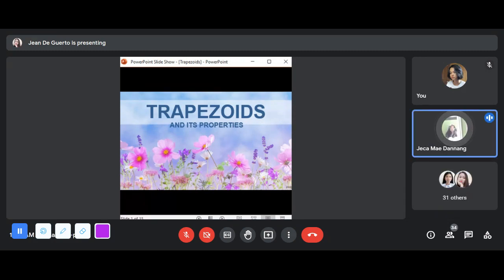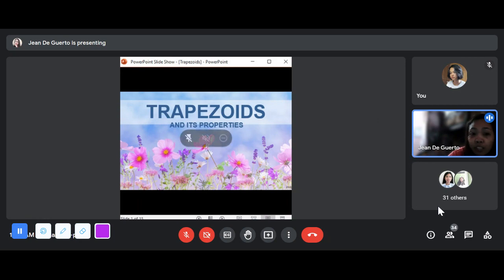Ma'am, ano Jeka. Ma'am, only one pair of parallel sides. Okay, so that's it. Trapezoid, it has only one pair of parallel sides. Yung 2 pairs of opposite parallel sides, anong klaseng quadrilateral yun?